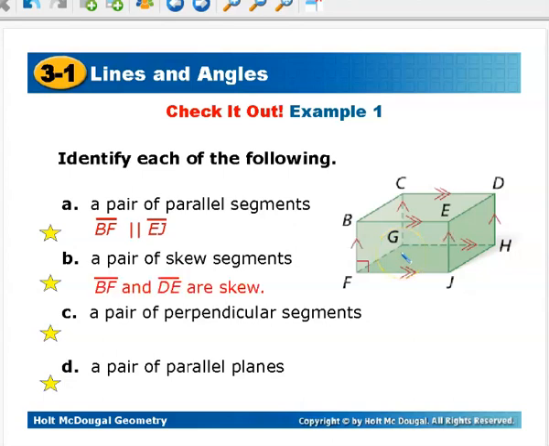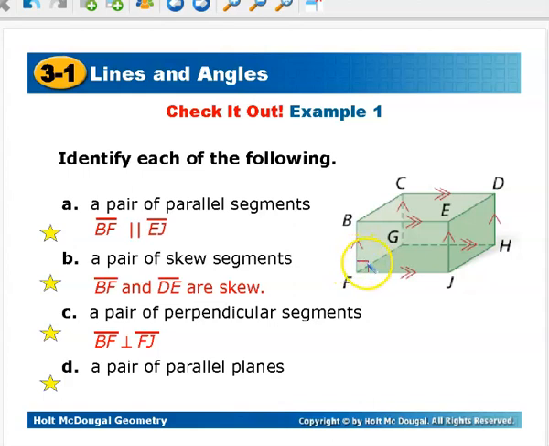Skew segments, BF and DE. Now, we don't have anything that signifies when we have skew segments. So it's not like you can look at the diagram and say, oh, there's a skew segment based on any sort of markings.